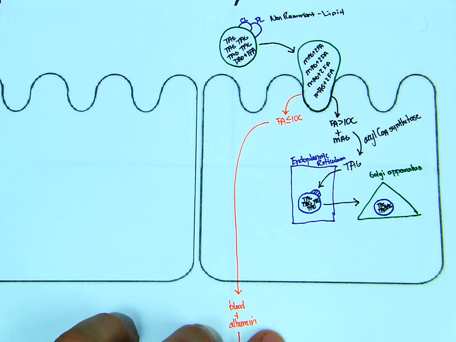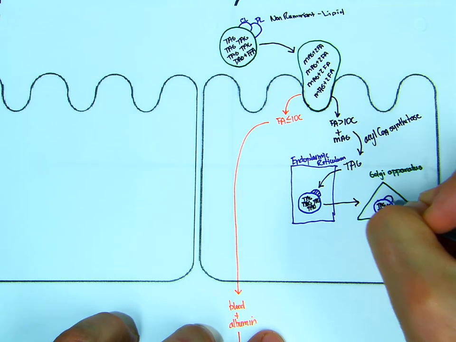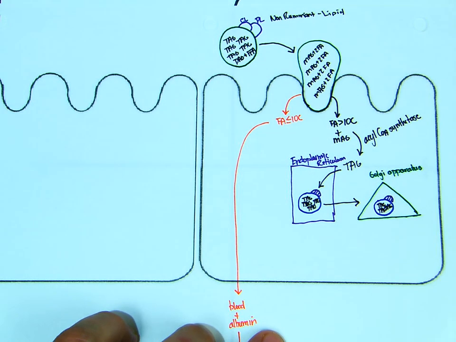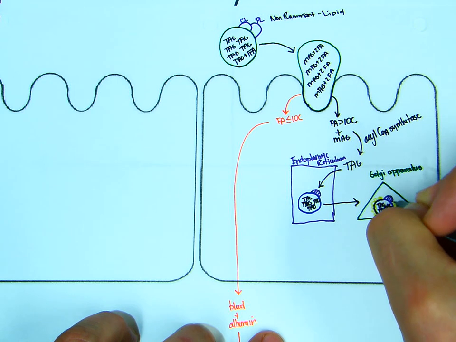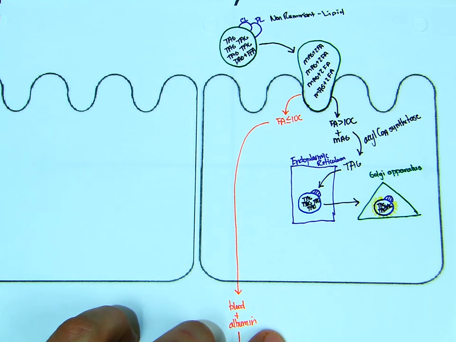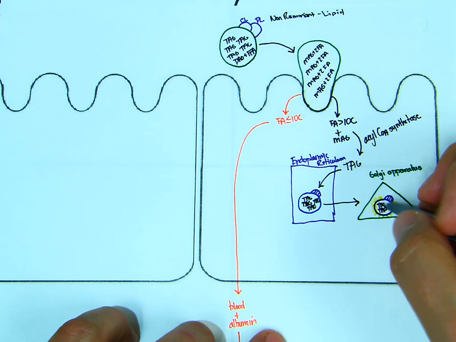Still full of TAG, still has the protein on it, B48. But here we're going to attach some carbohydrate to further stabilize that droplet. And now it is a chylomicron.